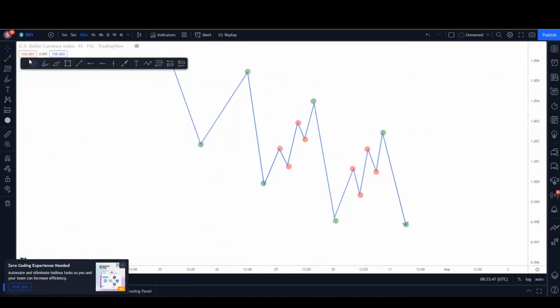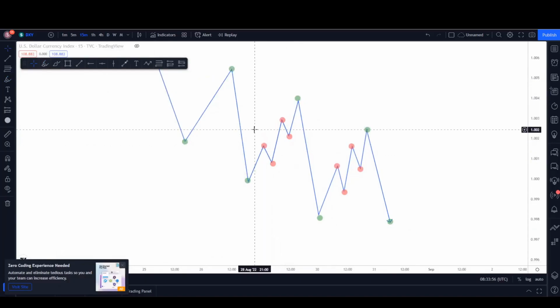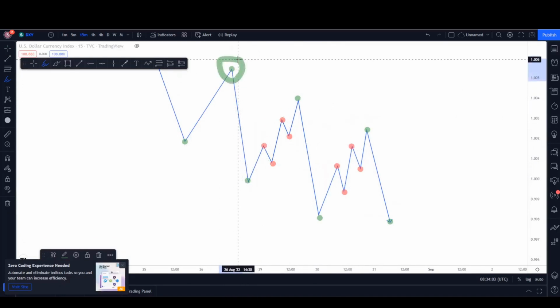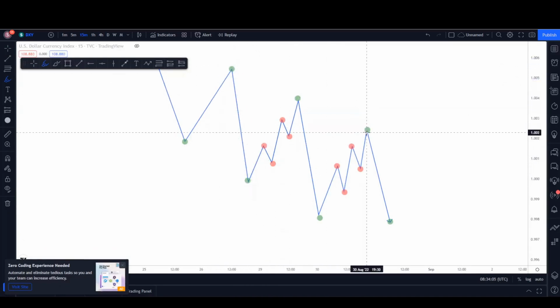So someone asked me which of these we class as structure points, and basically it's just the green ones. For something to be considered a lower high, which is this one, this one, and this one, price has to make a lower low.